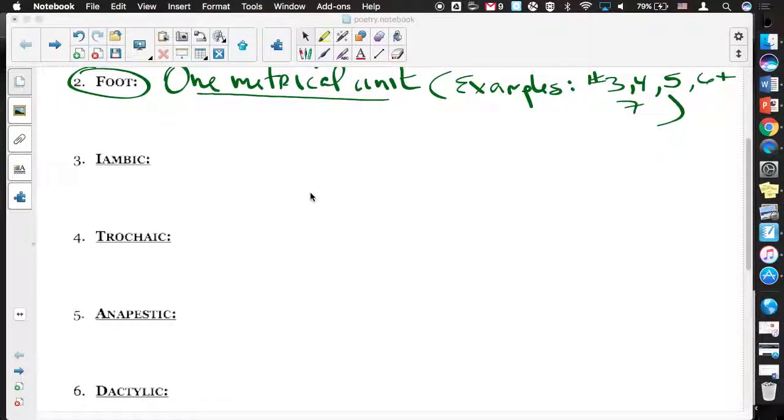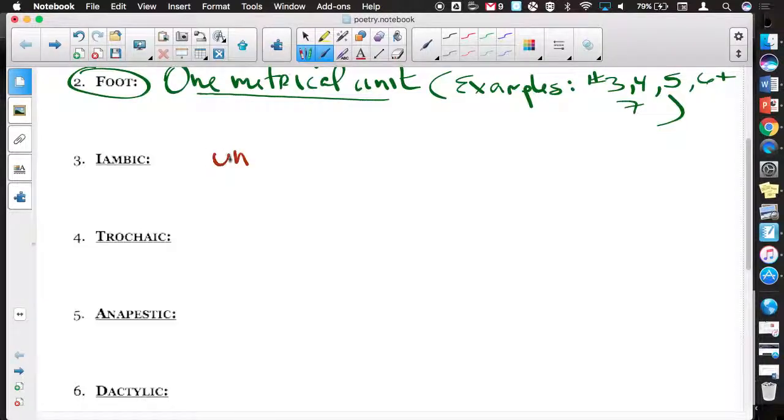All right, so for iambic, listen up. For iambic, iambic are 2 syllables. It's a 2-syllable foot that the order is unstressed followed by stressed. So right now for iambic, you'd have 2 lines, and in the middle, unstressed, stressed.